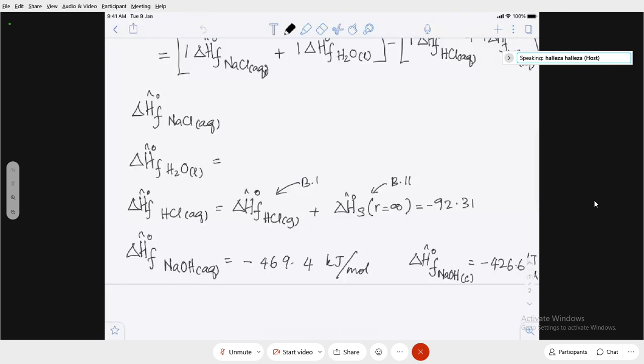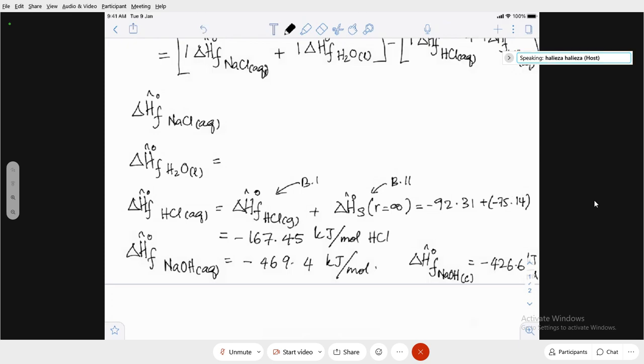Go back to our example. That's plus minus 75.14. When you have done the calculation, you will get negative 167.45. That is for hydrogen chloride aqueous, per mole of hydrogen chloride.